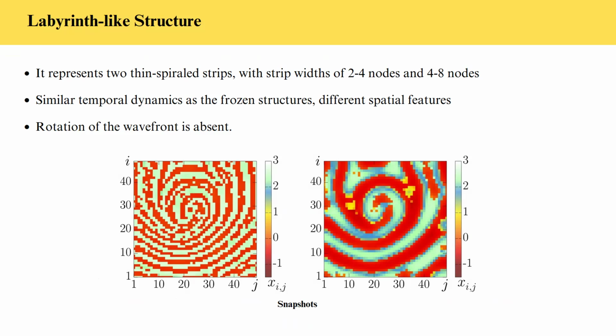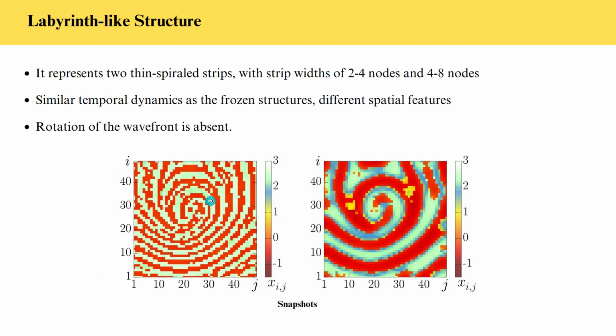in the current slide, I will talk about the labyrinth-like structure of spiral type, and snapshots of two types of these are given. The only difference is the width of the strip actually.